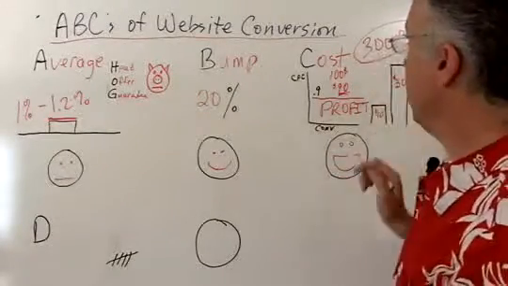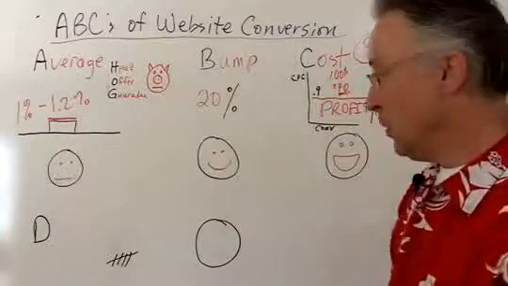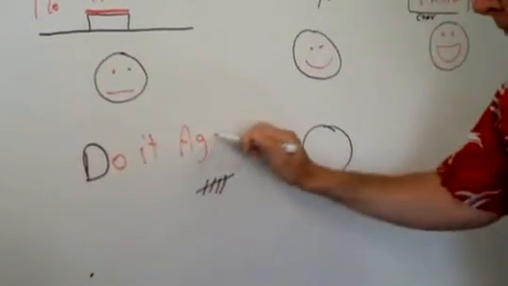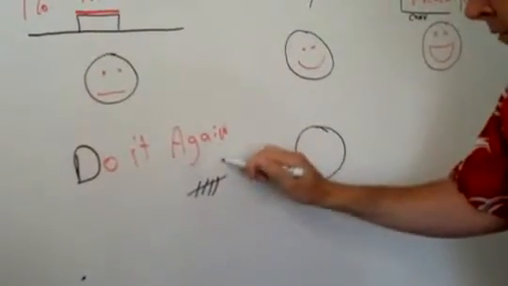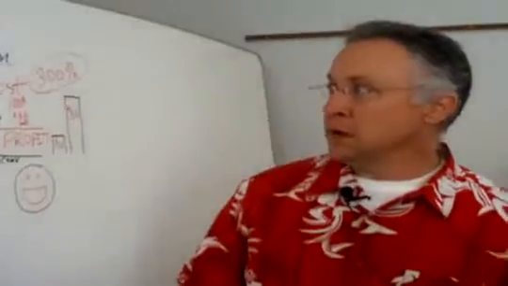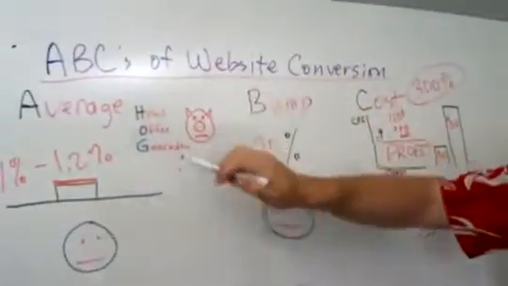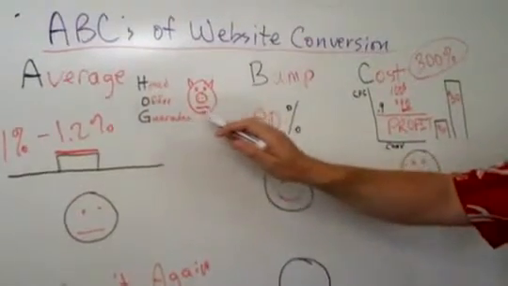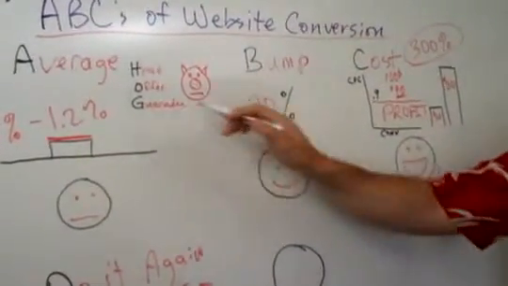And finally we get down here to the D, which is do it again. See, this is a never-ending process of increasing conversion. So let's say you change the headline and get a 0.1% or a 0.2%. And let's say you change the offer and you get another 0.1%.